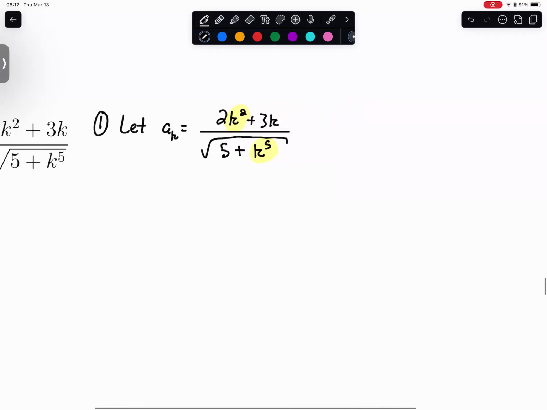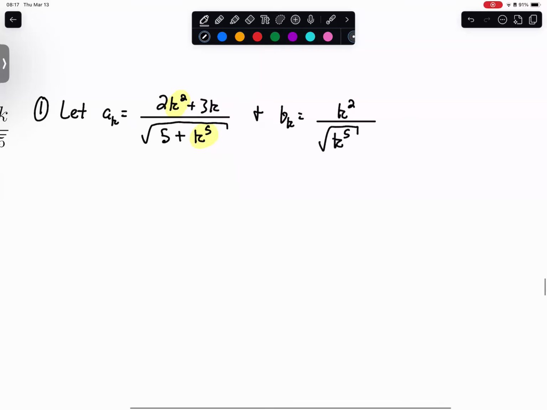So because it is inside of a square root, when I incorporate that into my BFK, I can't just write down k to the fifth because that k to the fifth was inside of a square root. So that means my highest power in the denominator was actually k to the 5 halves. So my BFK was actually k squared over k to the 5 halves.